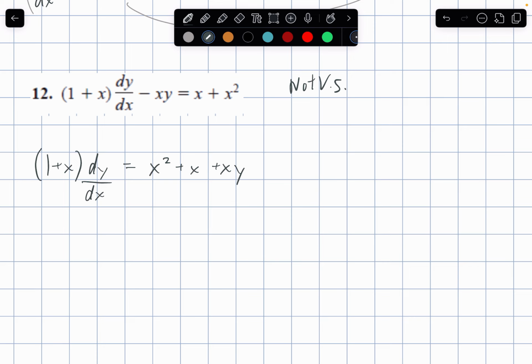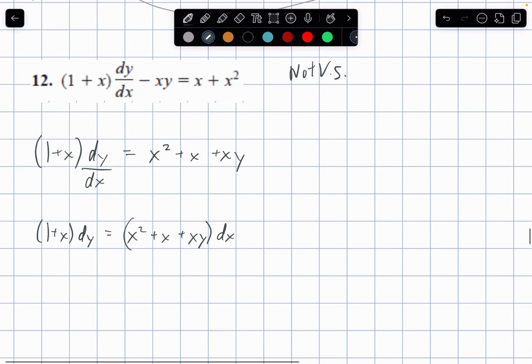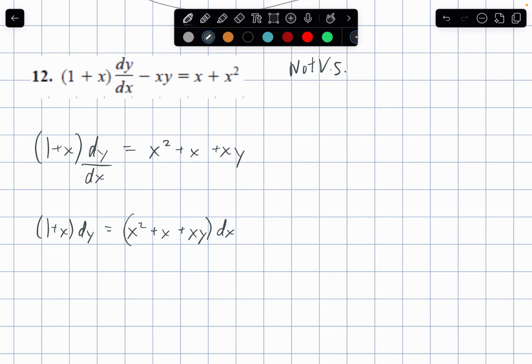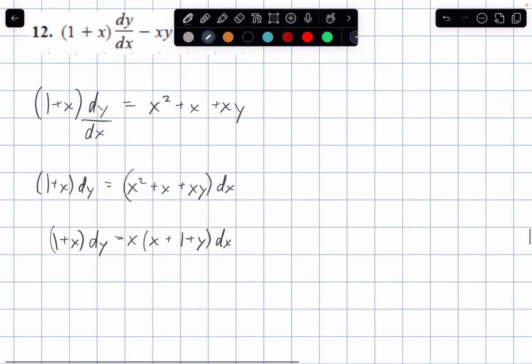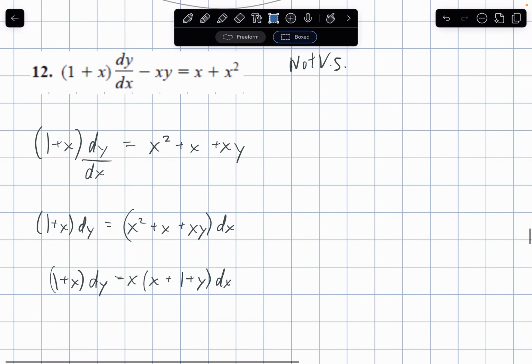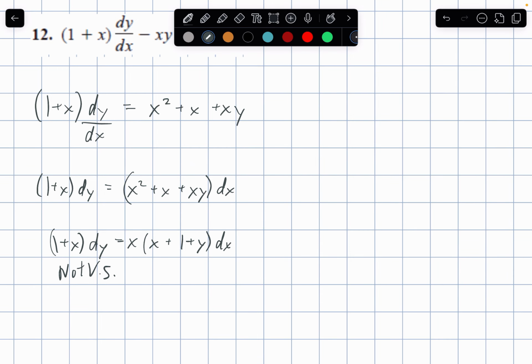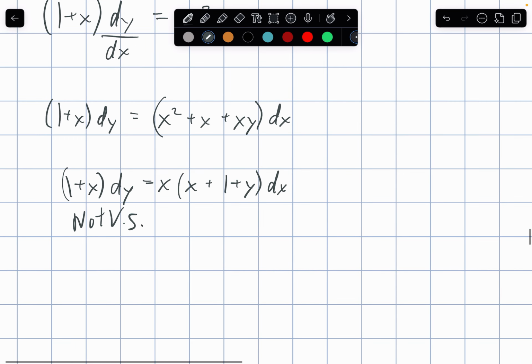And then we multiply both sides with dx so that we can transpose dx to the right side. Now we can see more easily if the differential equation is variable separable. By the looks of it, it isn't. You cannot solve this by separation of variables.